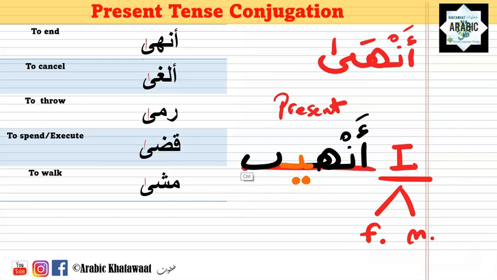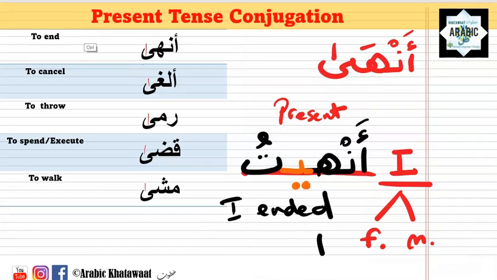أنهيت. I ended in the past. When I say the present, which is what we're doing now, I will say أنهي.